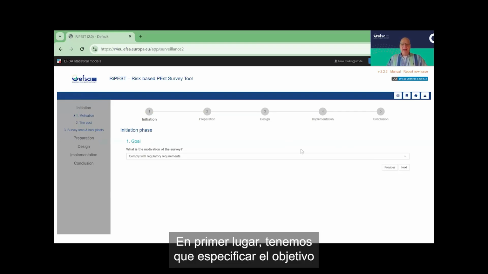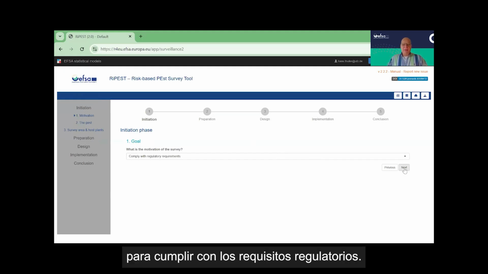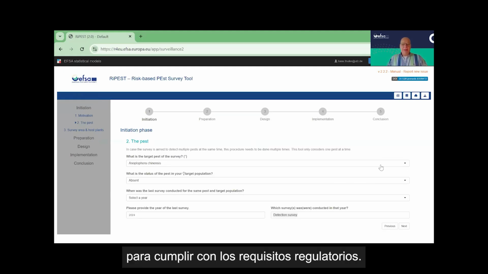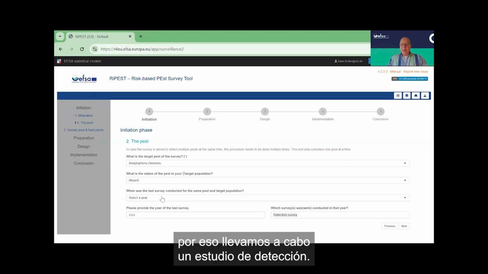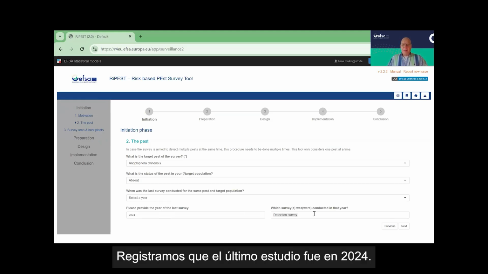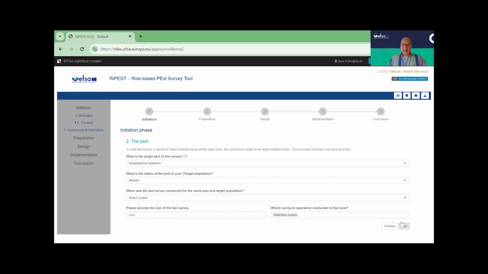So first of all, we have to specify the goal. So we want to comply with regulatory requirements. Then we have to determine the pest. You see what we have discussed, the pest name, that we assume it's absent. That's why we are doing a detection survey. Then we state when we did our last survey, which was in 2024.